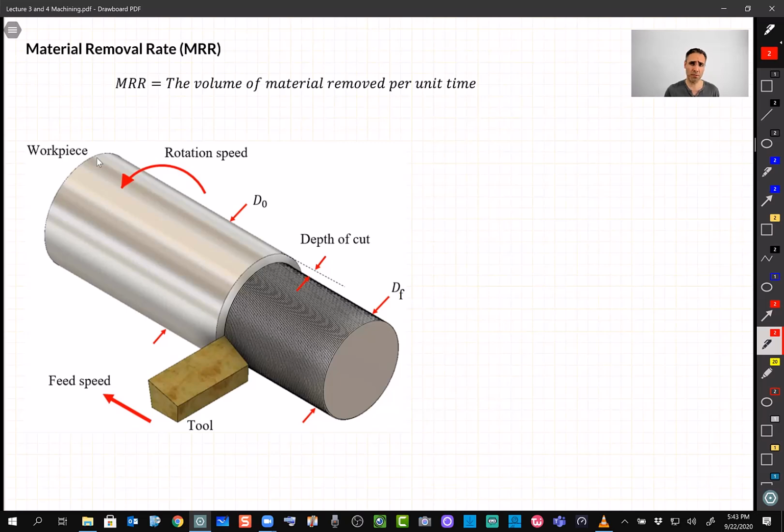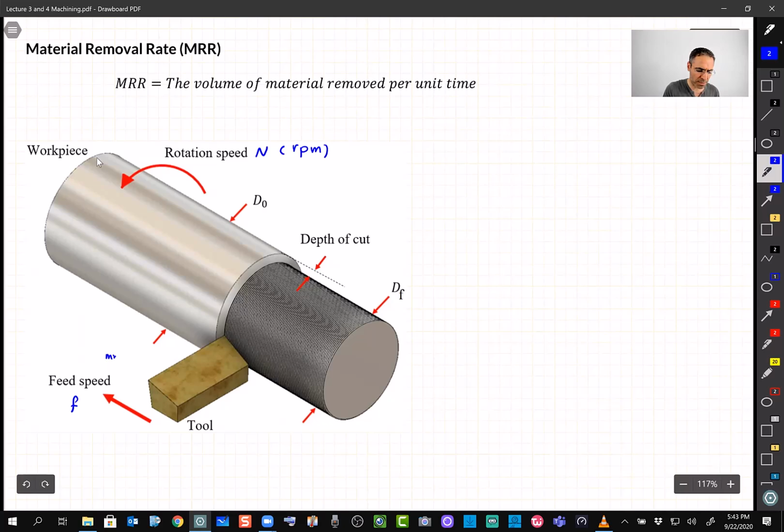I'm showing the same schematic. We have a workpiece rotating, let's say, with a rotation speed n, all right? Let's for now keep n in the common unit, RPM, revolutions per minute. And what else do we have here? We have the feed, let's call it f. And again, f can be millimeters per revolution, or it can be inches per revolution.